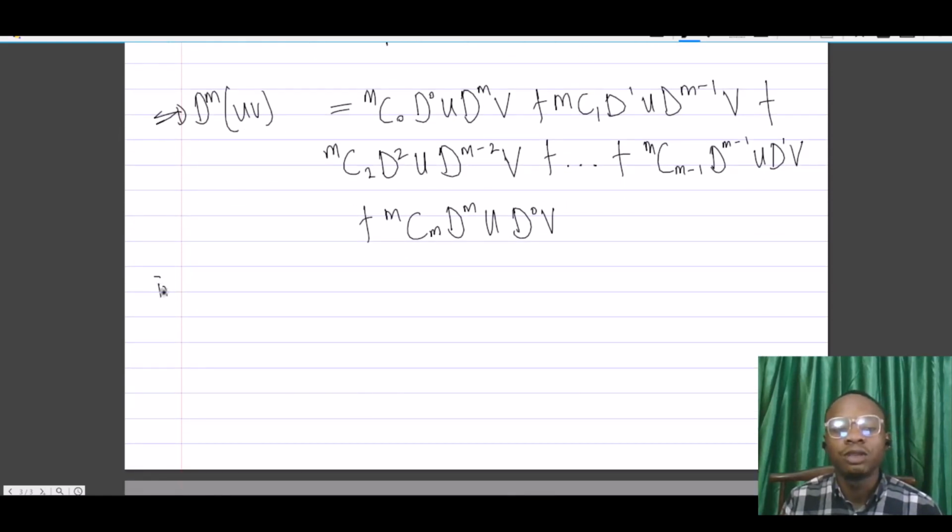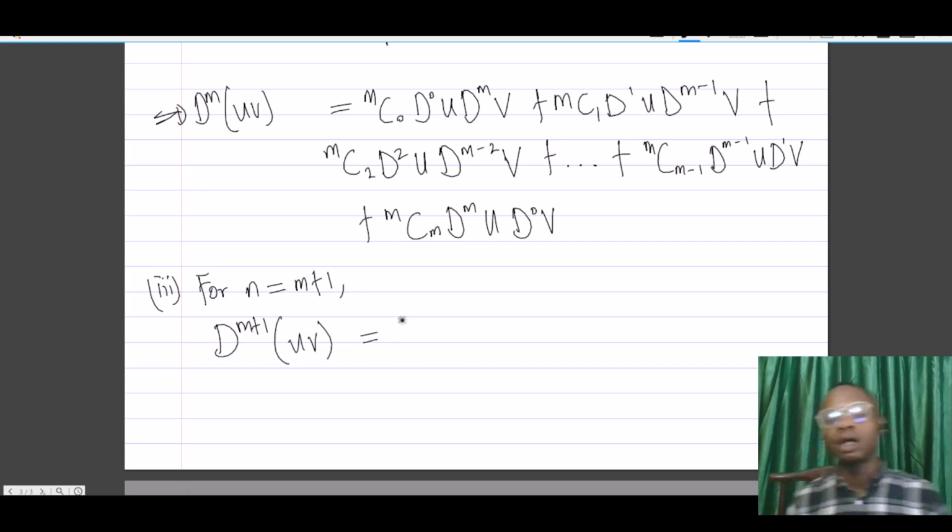And now for the last step, step 3, let us check what happens when n is equal to m plus 1. So that means for this situation, we're going to have the m plus 1 derivative of uv. And the m plus 1 derivative of uv is the same thing as d of the m of uv.